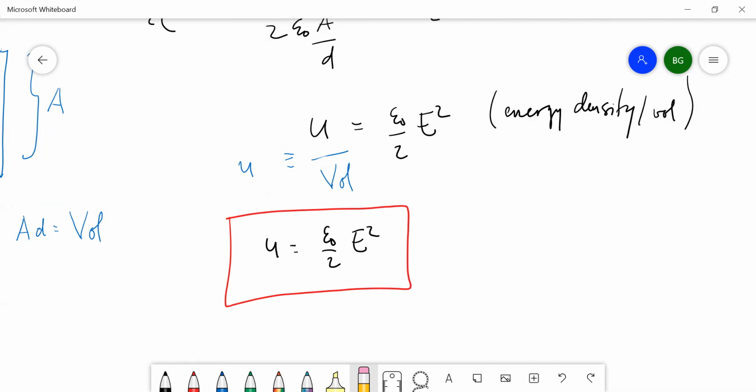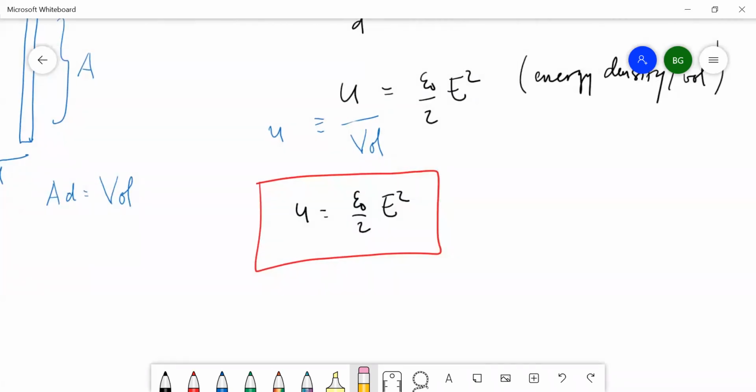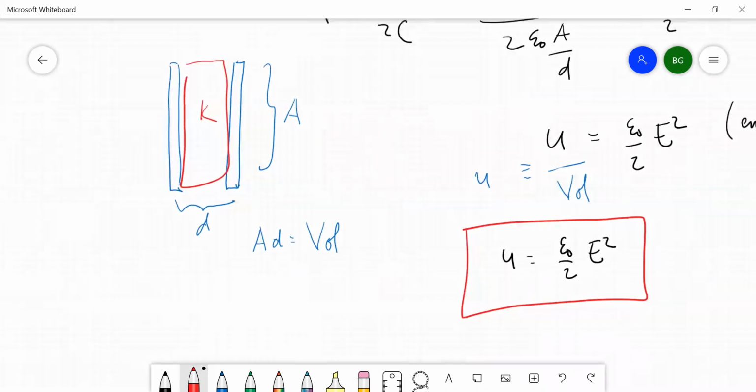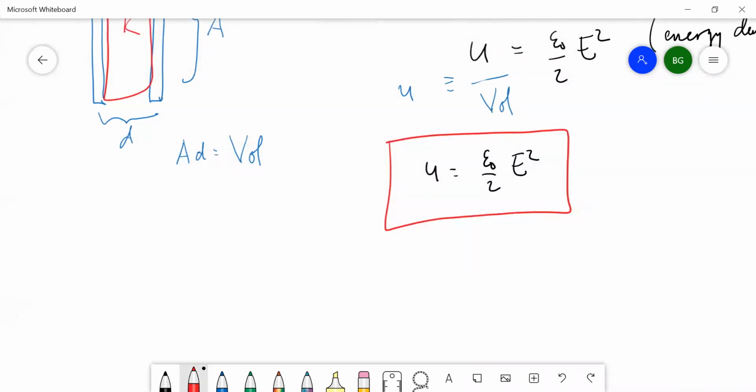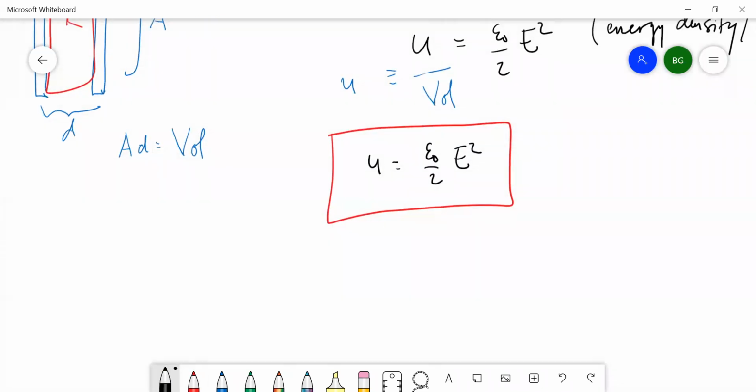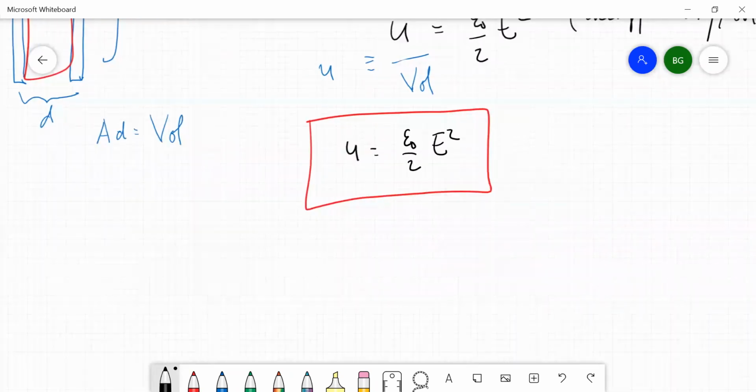Is there any question? So if we put a dielectric material with dielectric constant K, for example, into this space, then for the energy density of the capacitor we just replace epsilon 0 by epsilon, giving epsilon over 2 E squared.